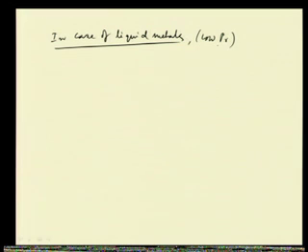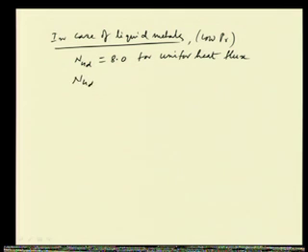Under that situation, Nusselt based on diameter is approximated as 8.0. It is a constant value for uniform heat flux, and Nusselt based on diameter is equal to 5.75 for uniform wall temperature.